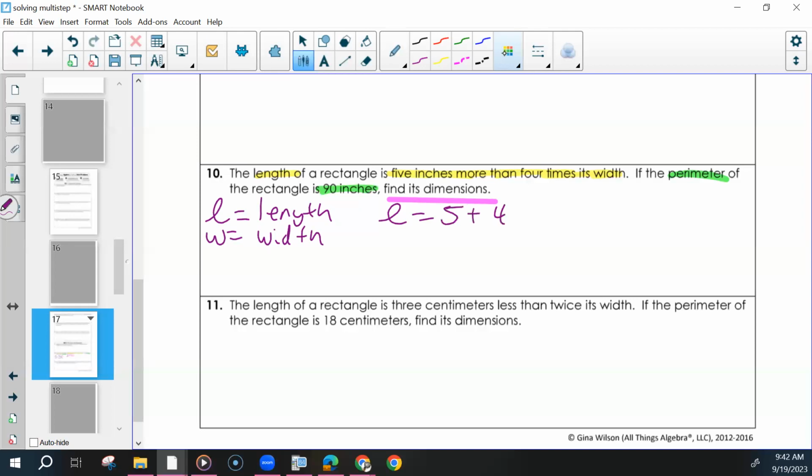Five plus 4W. Right, we know our perimeter equation from before is P equals 2L plus 2W. So we put 90 in. Once you get the hang of this, you can just put 90 and then put this in for L, if you'd rather see both steps. So it's up to you.